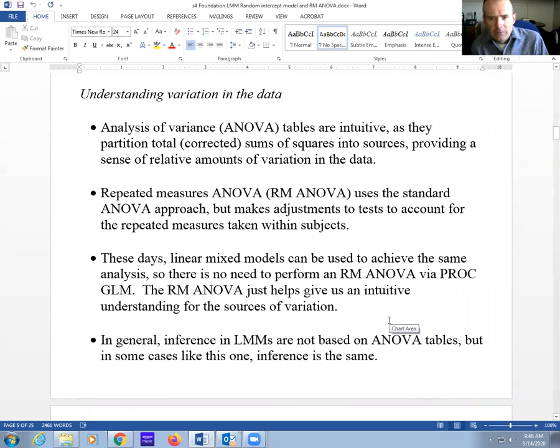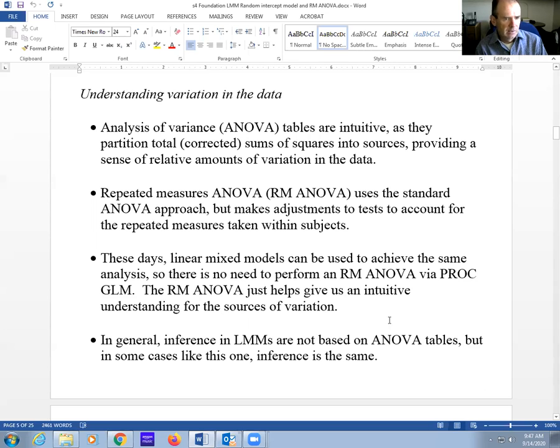So why are we talking about repeated measures ANOVA even though we have mixed models which can do the same and more? Well, I like the idea of repeated measures ANOVA because it's equivalent to one type of mixed model, a random intercept model, and it's a very intuitive way to look at the data. We have a bunch of variation and we're partitioning it into different pieces.